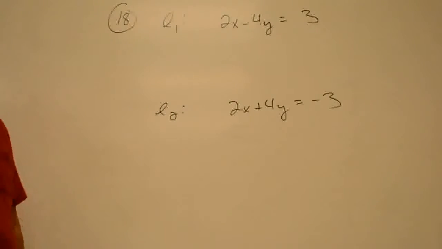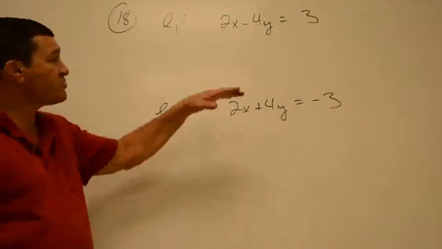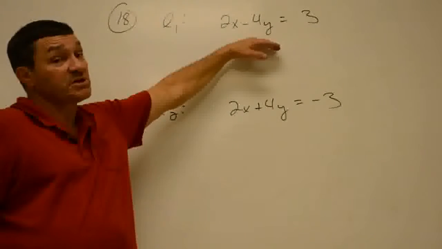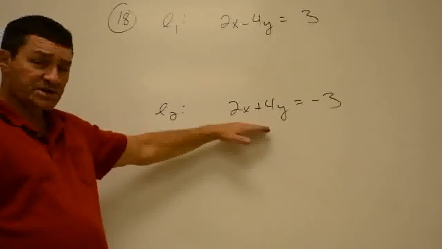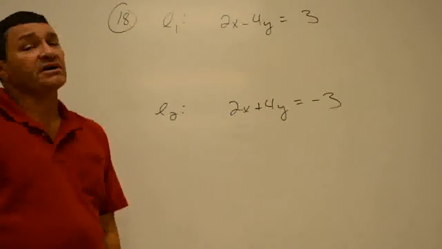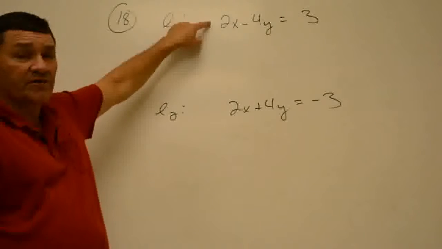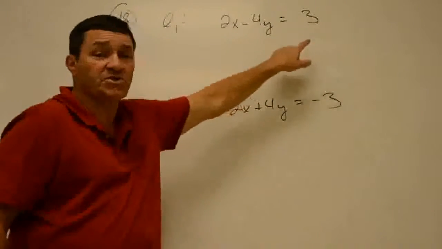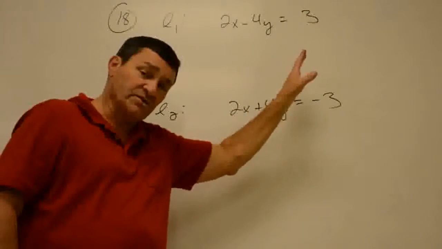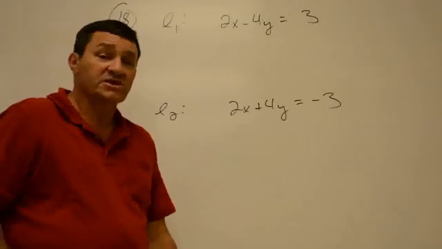Now, it's a trick question, because when you look at that equation, it's not written in y equals mx plus b form, nor is this one. So I don't know the slope of that line, and I don't know the slope of that line. But we can use our equation solving skills. Let's solve this equation for y. Let's get y by itself equals everything else, and then it'll be in slope-intercept form.